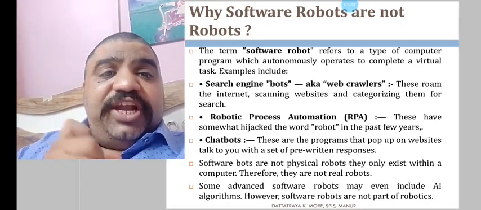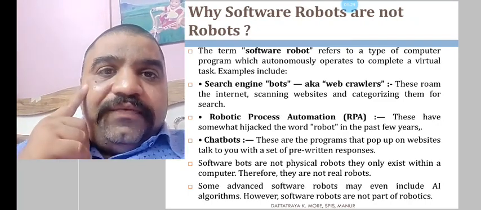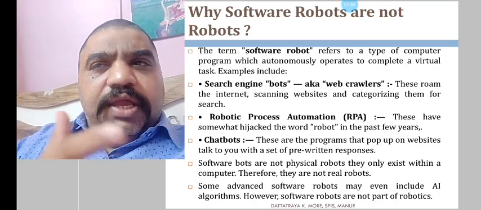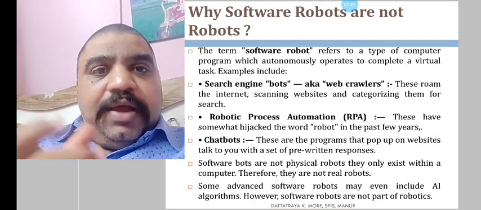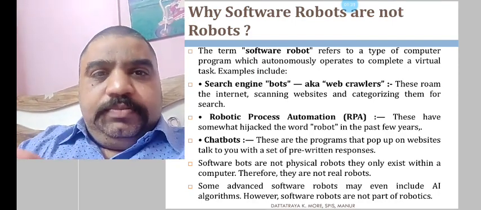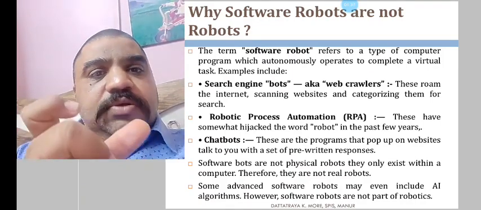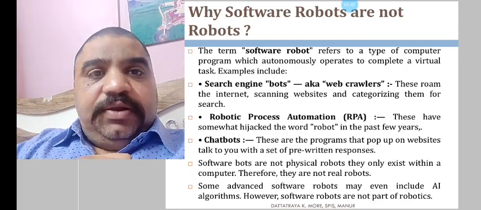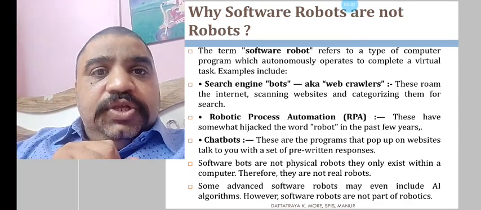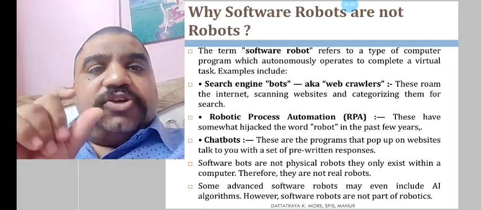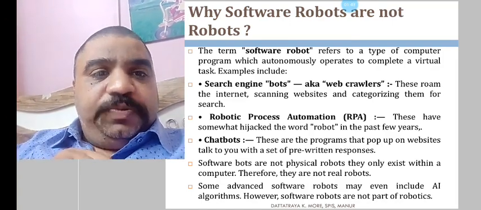Software chatbots, what are they actually? When you are opening any educational website or any organization's website, at the bottom corner there is one small strip, or one small option, or maybe an icon. It says things like "Ask me" or "Get help".